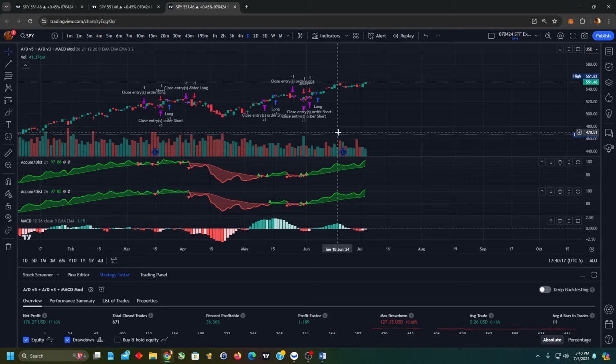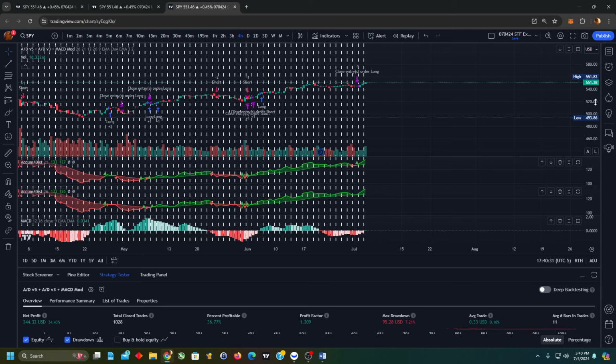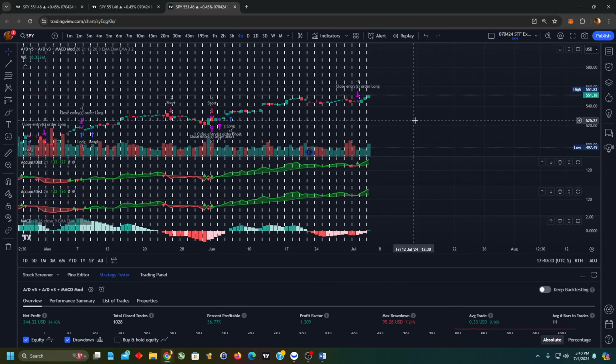And again, this is all just for educational purposes. Nothing should be construed as financial advice. This is just an example of how we trade with our indicators.